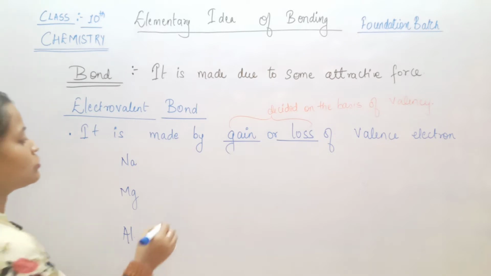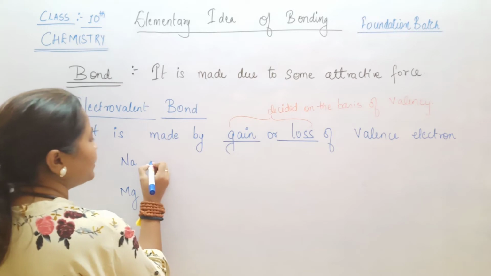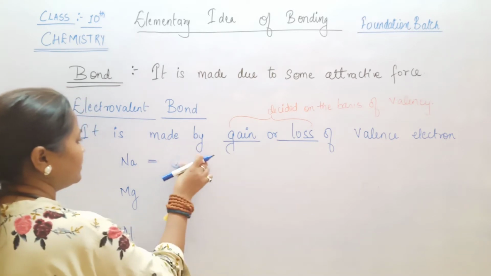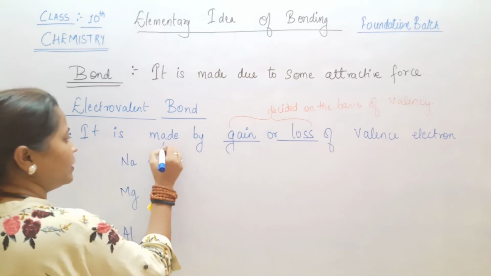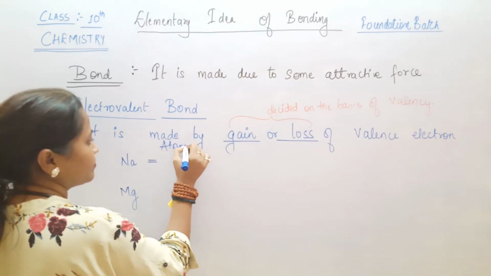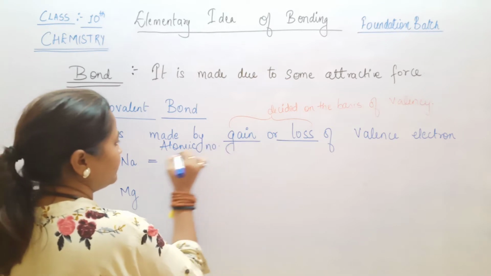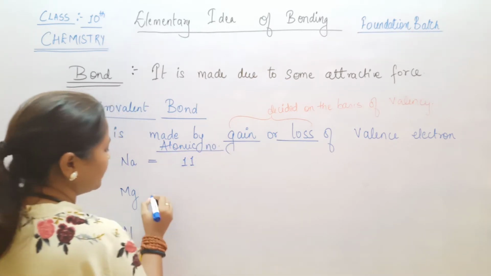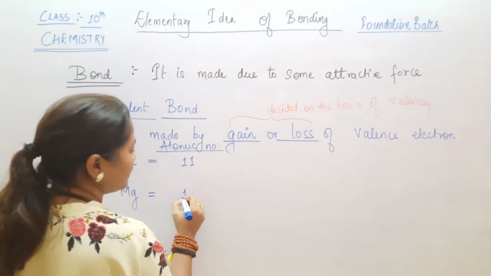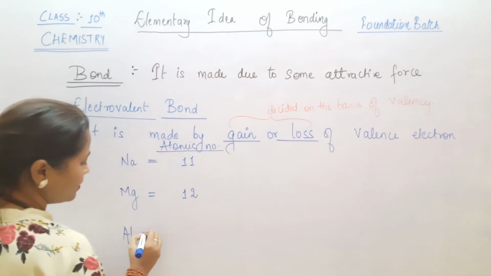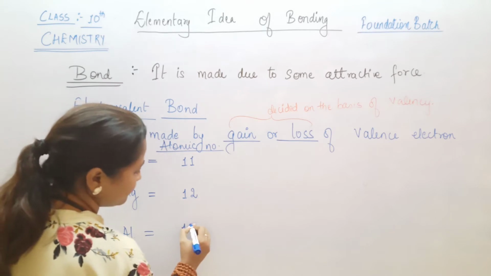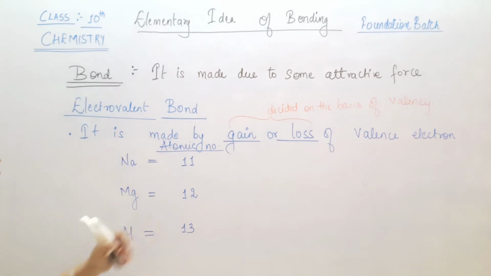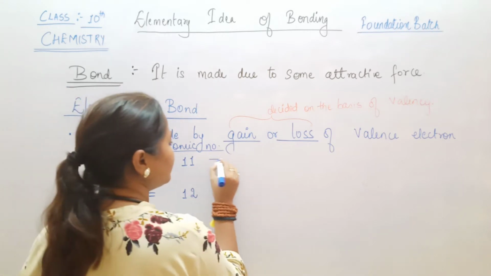When we talk about sodium, तो सोडियम का एटॉमिक नंबर, so I write atomic number over here, it is 11. मैग्नीशियम का it is 12. एल्यूमिनियम का it is 13.